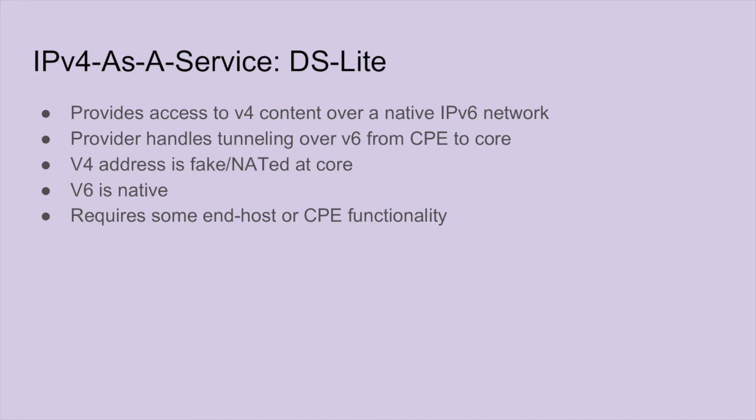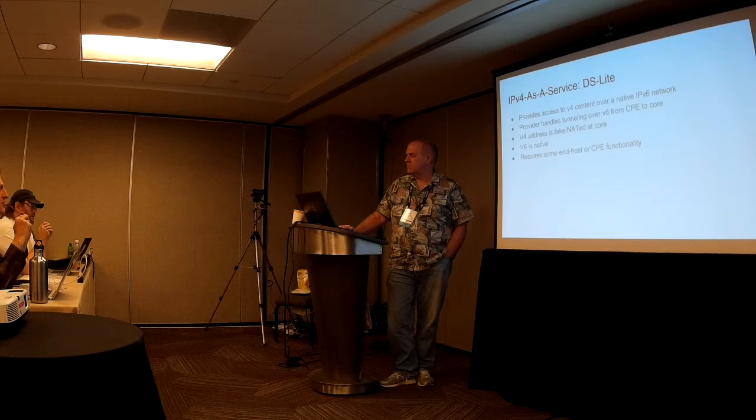The V4 address is, I said fake, but it might be the 100 prefix, which I forget what that's called. What is that called? Thank you, group. We're skipping it because you need a CPE or a thing on your box, which is not what we're doing.